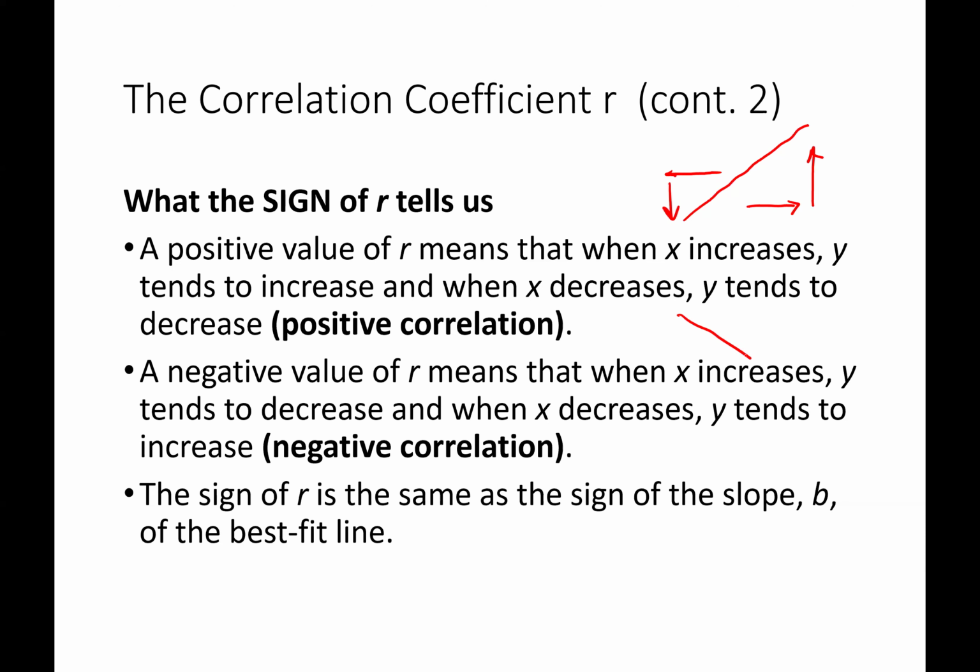So as X gets bigger, Y gets smaller, or Y tends to increase as X gets smaller. The sign of R is the same as the sign of the slope, B of the best fit line.